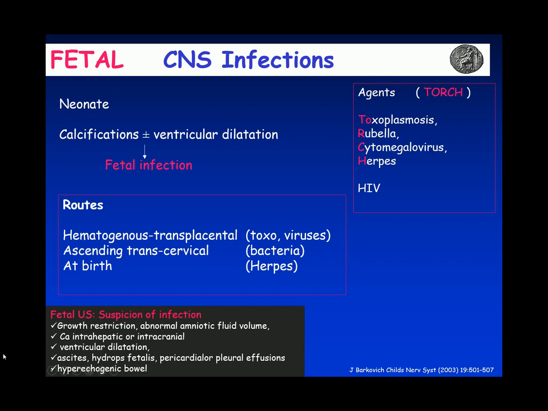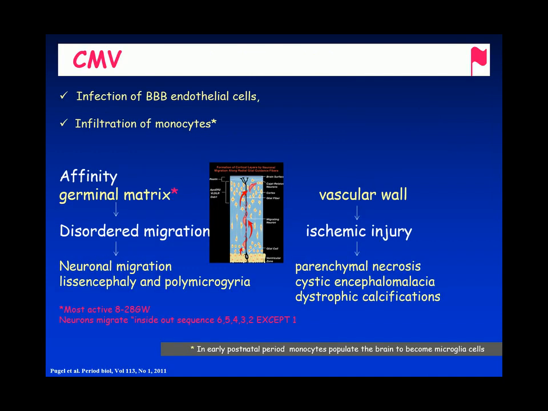Growth restriction, abnormal amniotic fluid volume, calcification at the liver or intracranially, ventricular dilatation, ascites, hydrops fetalis, pericardial or pleural effusion, and hyperechogenic bowel. So a bunch of findings that are very important to suspect fetal infection. Let's start with the CMV.